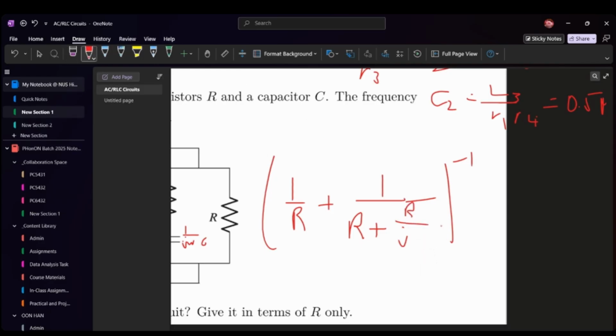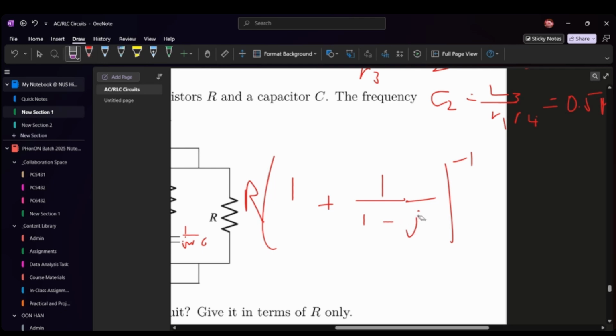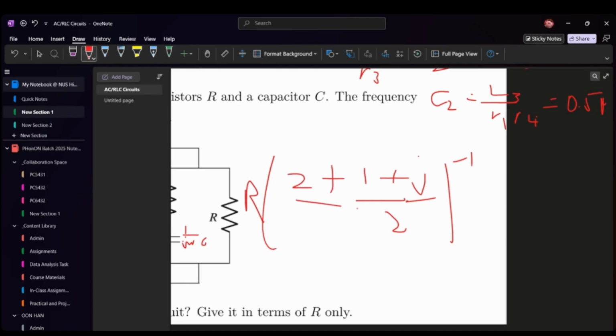You get R on the top. Then we can bring out the R, and we get 1 plus 1 plus 1 over 1 minus j. This we can take the complex conjugate, we get 2, 1 plus j, and then we flip it.